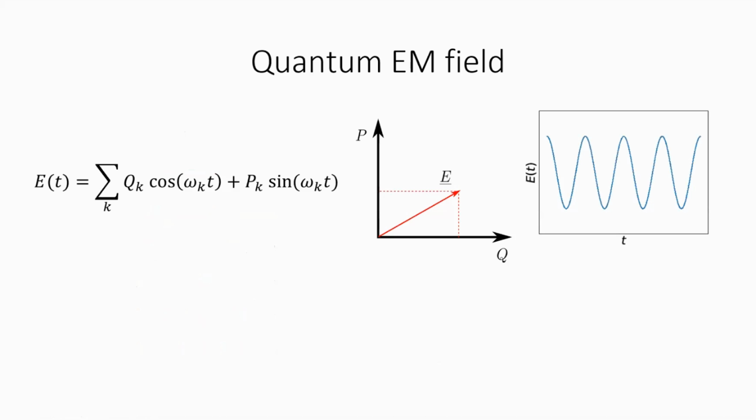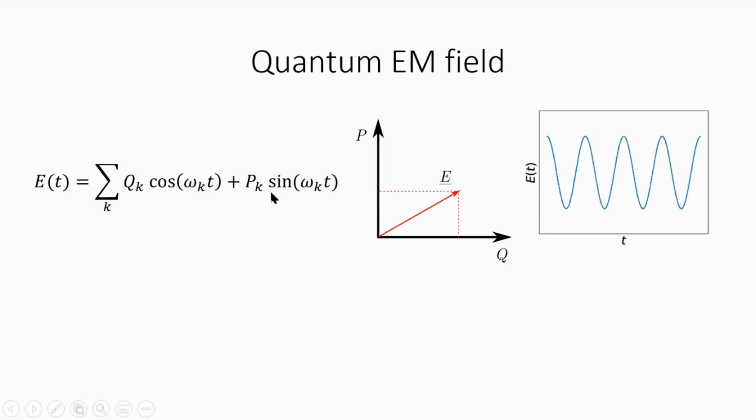Now, the mode is important to understand how we describe the electromagnetic field. Classically, you can just describe the electric field as a sum of all the modes. And then for each mode, you have two variables that describe your electric field. And that's what we call the quadratures. So in the case of monochromatic frequencies like this, you have two variables that describe this mode of frequency omega k.